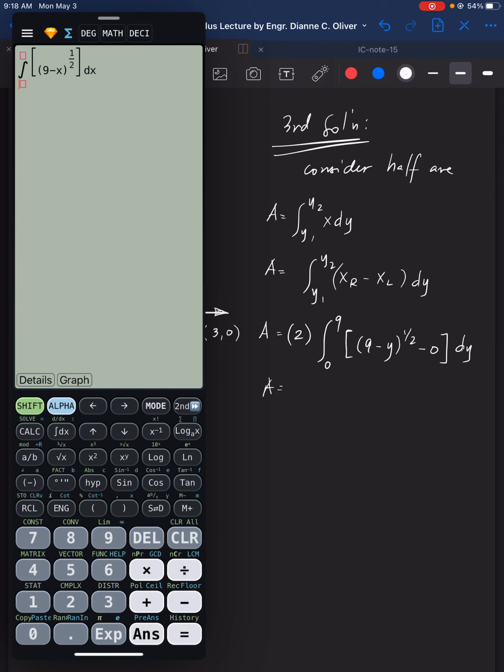So we have there 0 to 9 equals 18 times 2, 36. 36 square units.